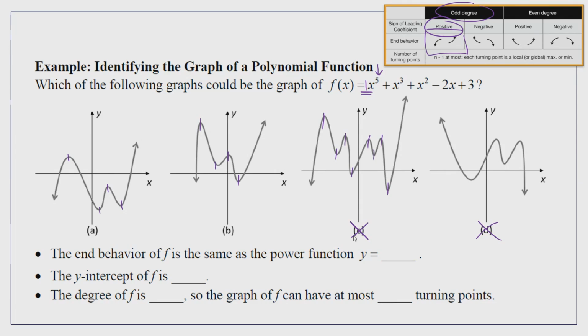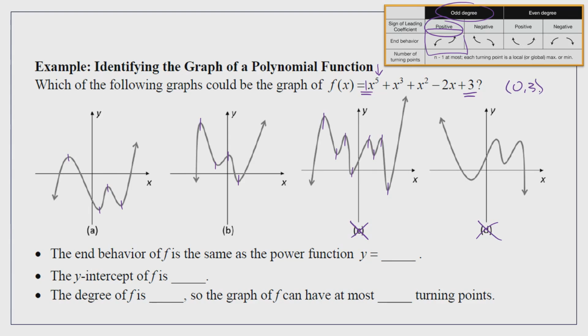We did the end behavior and the turning points, so what's left is your y-intercept. Our y-intercept is our constant term, and our constant term is 3. This means that our graph is going to have the point (0, 3).